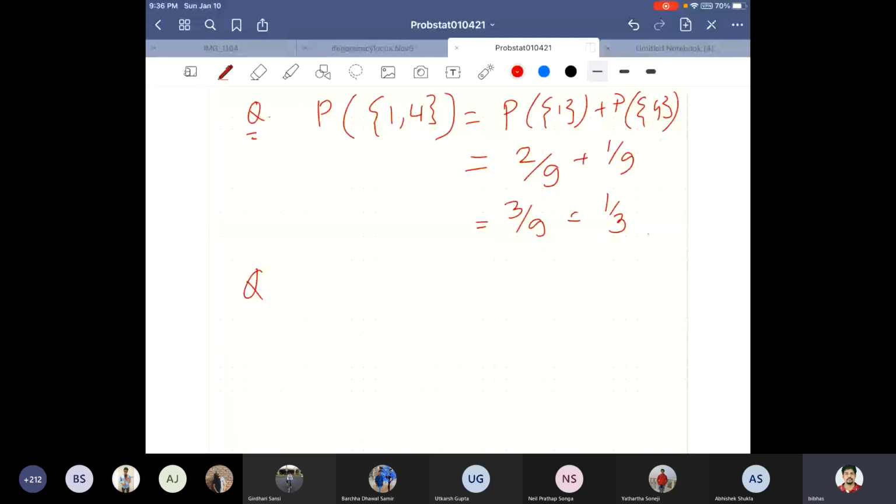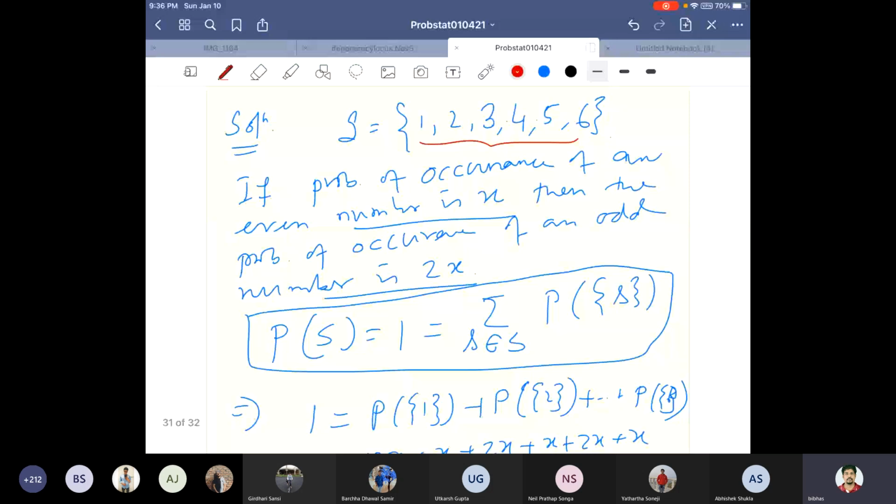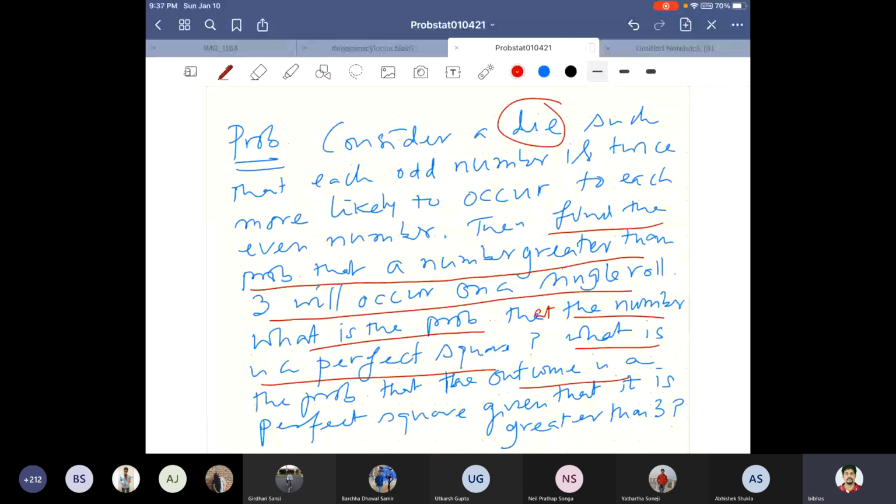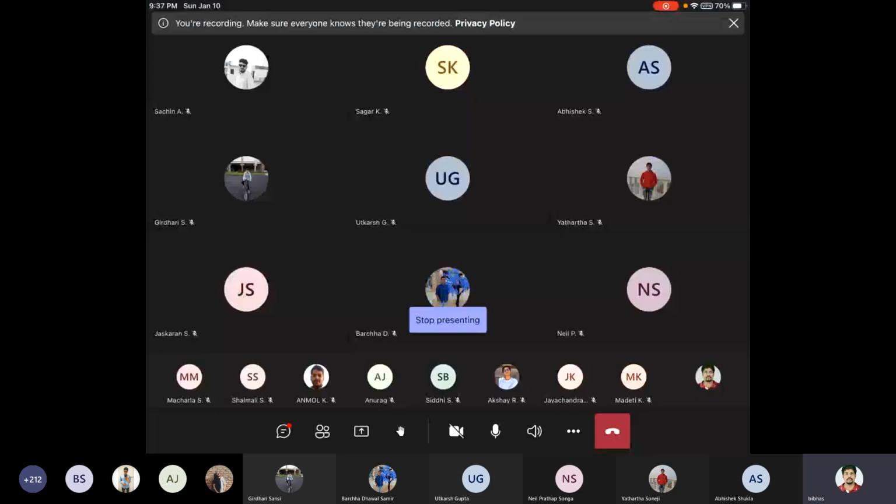And what was the third question? I have to find out the probability of the outcome is a perfect square, given that it is greater than 3.